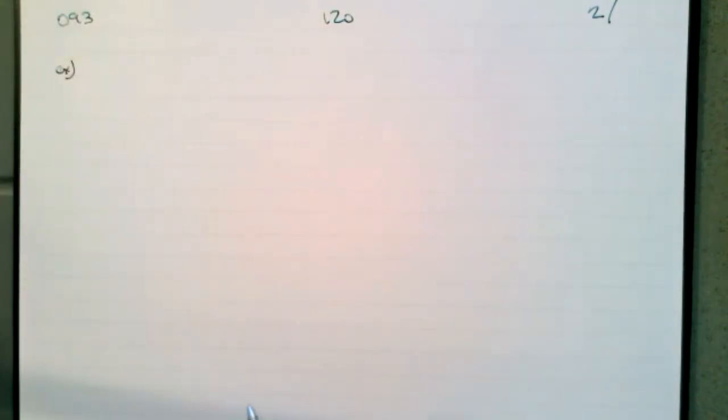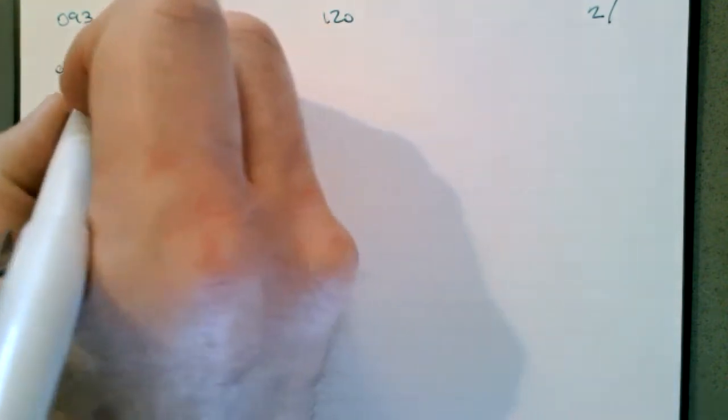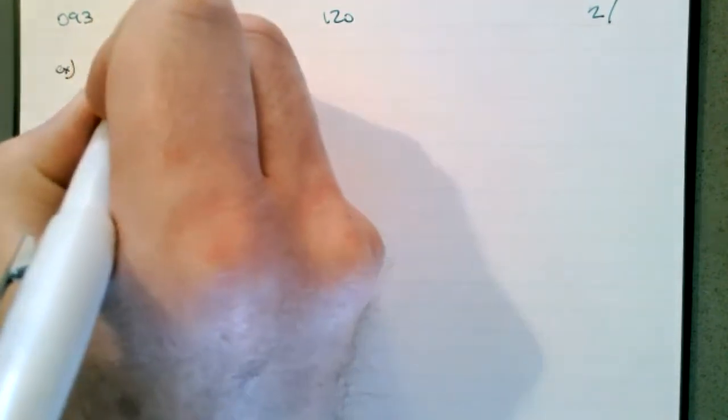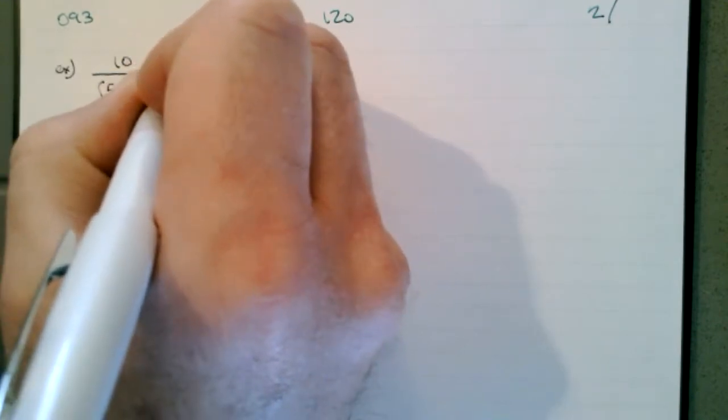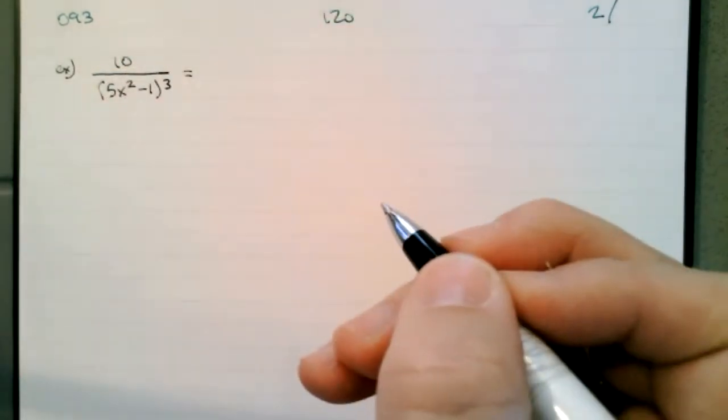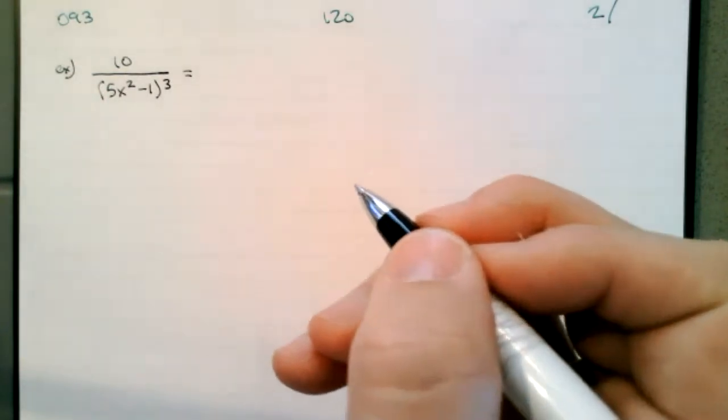Let's take 10 divided by 5x squared minus 1, to the third power. And let's suppose this is supposed to equal 8.